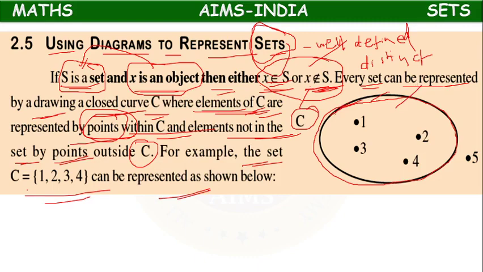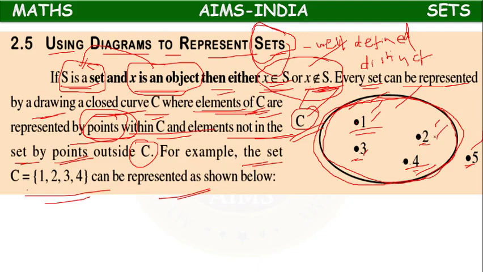So here, what is this closed curve, children? The closed curve represents the set. Here C is the set. What about these points? These 1, 2, 3, 4, 5, all these points are elements. But elements 1, 2, 3, 4 are inside the set, and 5 is outside the set.